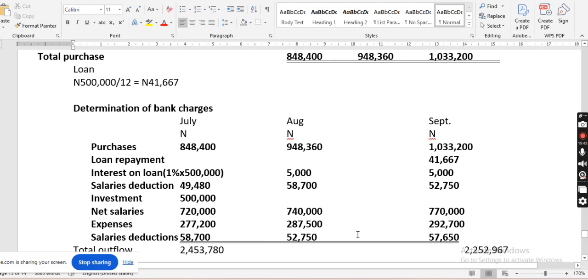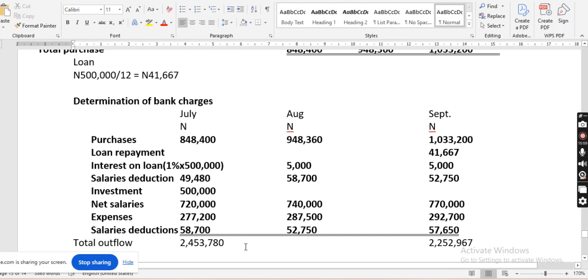Sorry, sir, does July not have interest on loan? No, there is no interest on loan in July. The loan was obtained in July. They'll pay the interest in August, September, October, November, December.